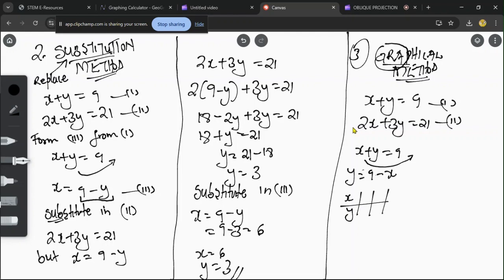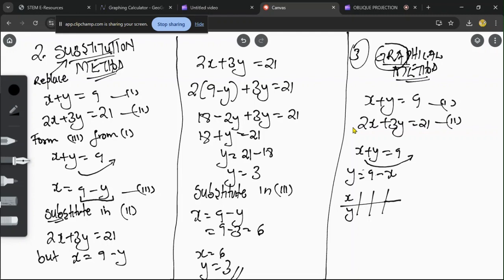Now you can pick any value, as long as it's not too big nor too small. These values I'm just picking randomly, any numbers. I ask myself, if I put a number here for x, what will be the value of y?